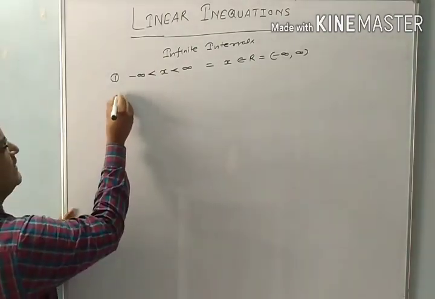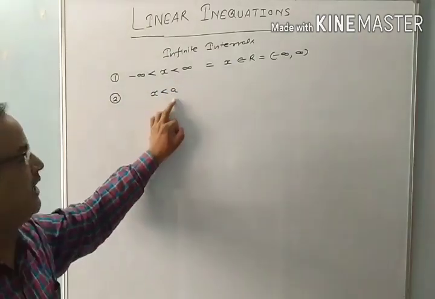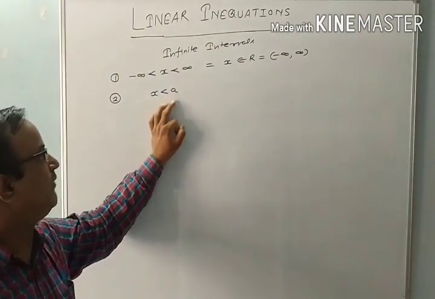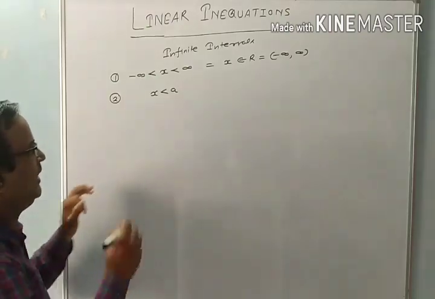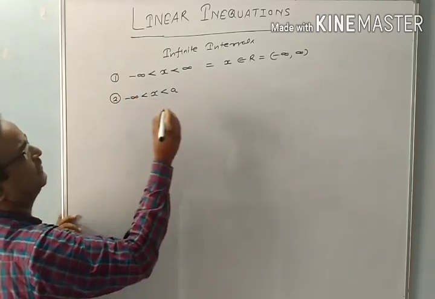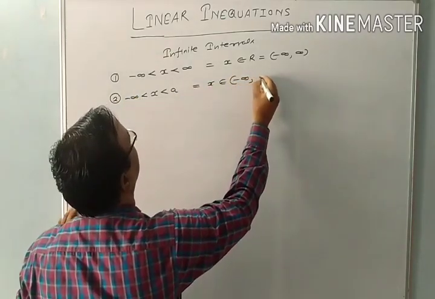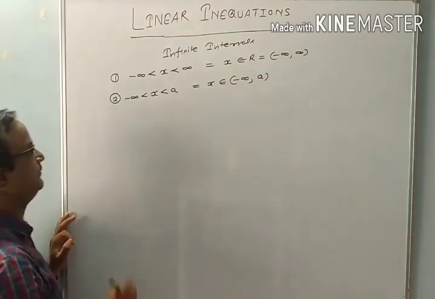If the value of x is less than a, where a is a scalar quantity, a real number, if x is less than a, it is always more than minus infinity, so we write x belongs to open interval from minus infinity to a.